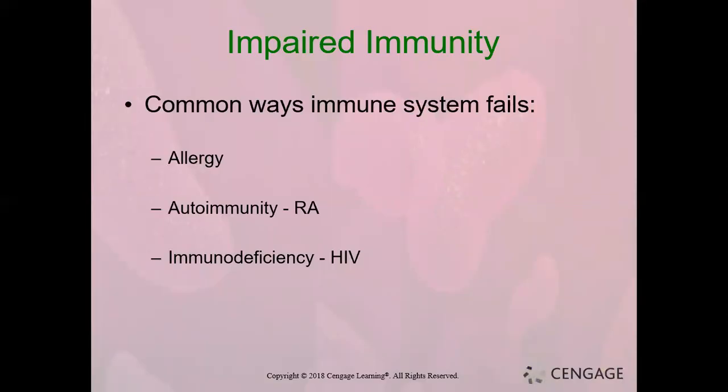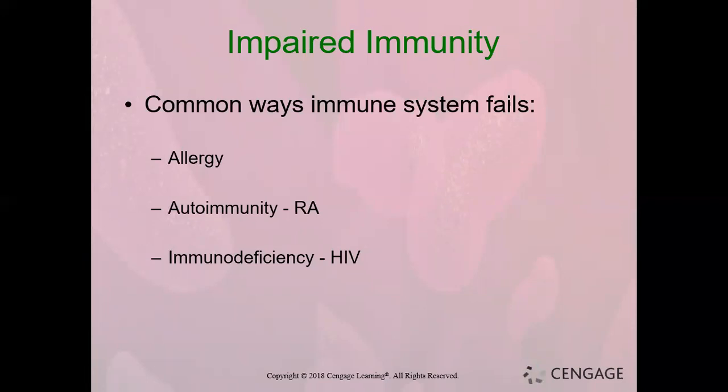All right, so still on impaired immunity, there are some common ways that the immune system fails. So we think about allergies. When we have an allergy, our immune system is not able to keep up with that. Rheumatoid arthritis, so autoimmune disorders, that sometimes is the body that's not able to keep up, or sometimes the body attacks itself, and so the immune system just isn't what it should be.